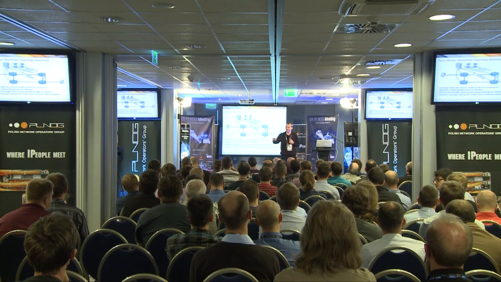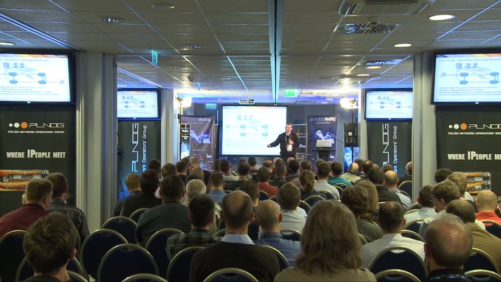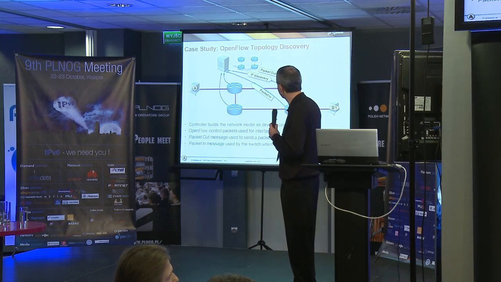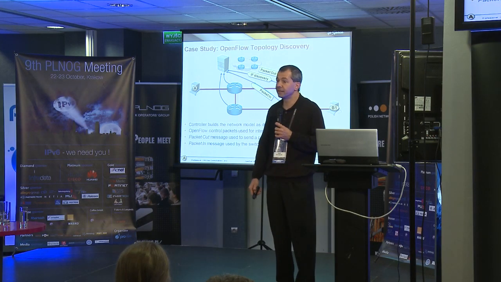Fast feedback loops don't work well if you try to do them through a controller that runs over a TCP and SSL session. So there is no way that this network could react to real-time events in real time.